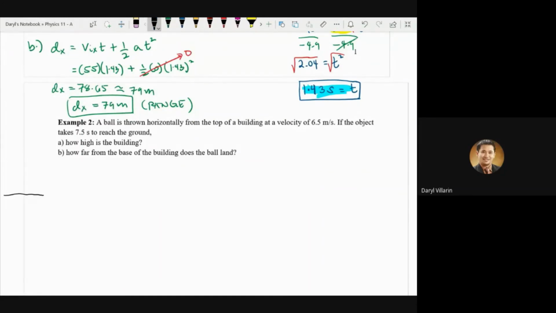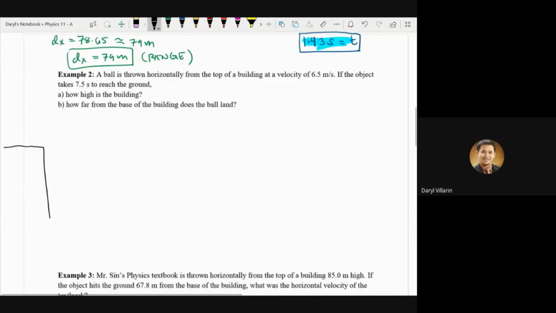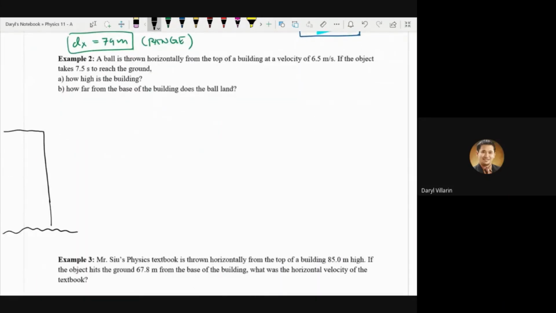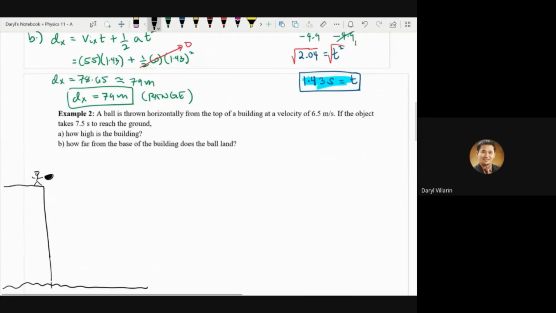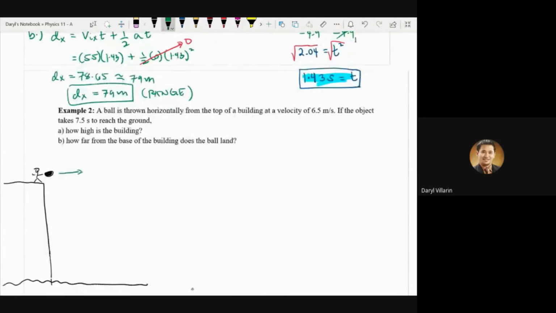So if I have a building here and a person throwing something, remember that it is thrown horizontally. So your Vi here is 6.5 meters per second.